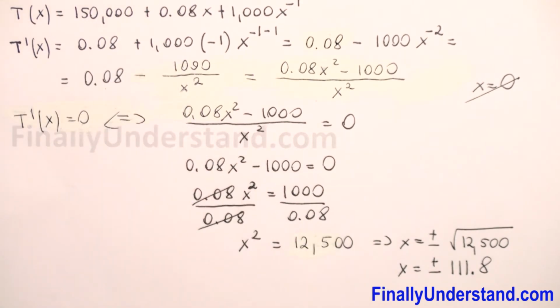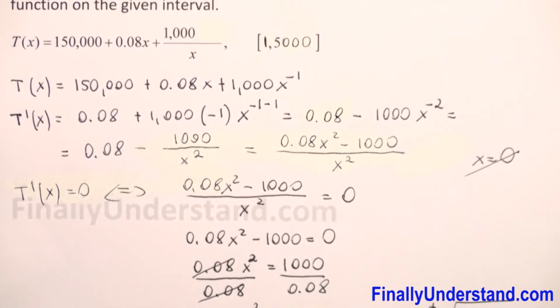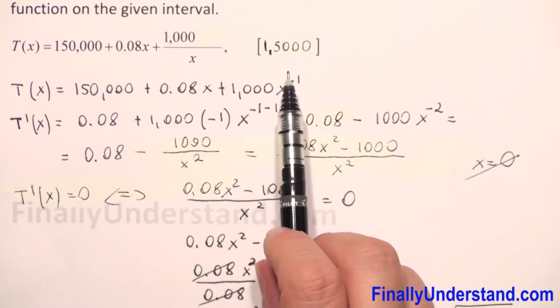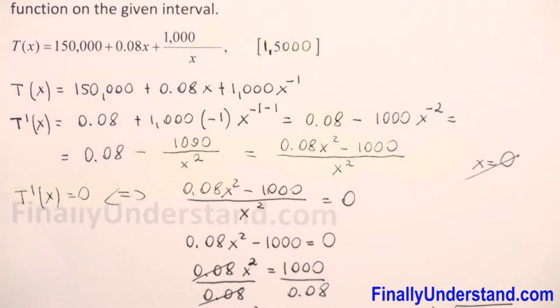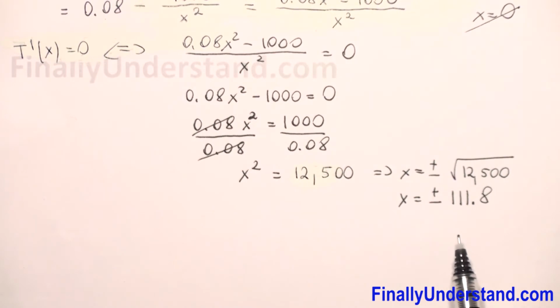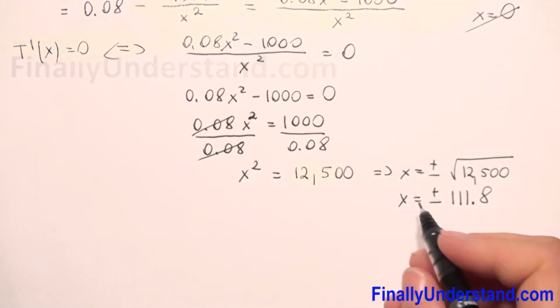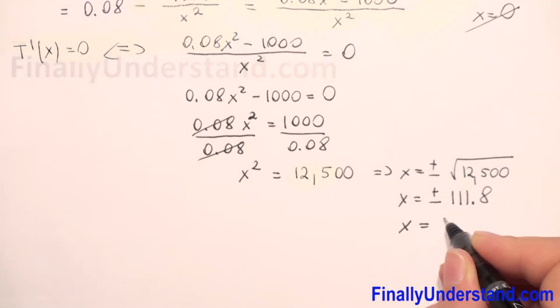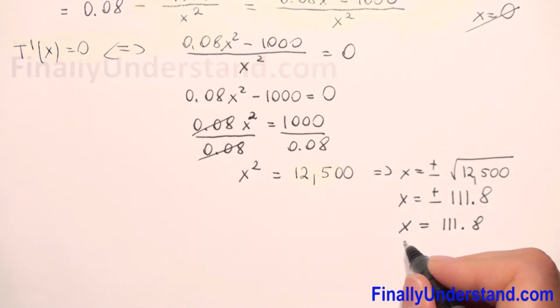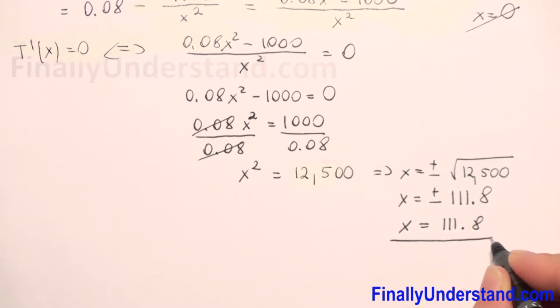We got a positive and negative solution, but our function has an interval from 1 to 5000. So it means our negative solution doesn't belong, only the positive. So we have x equals 111.8. This is our critical point.